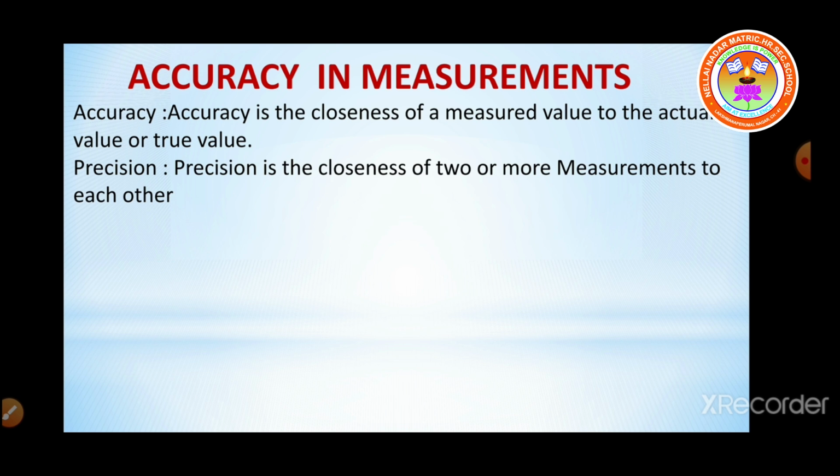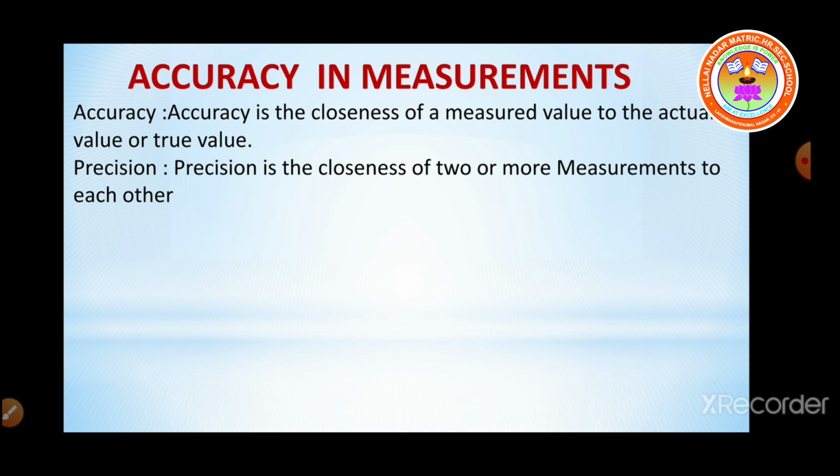The third boy measured 29.8 centimeter. The fourth boy measured 29.9 centimeter, and the fifth boy also measured 29.9 centimeter. And another one 29.4 centimeter like that. So in this place, two boys measured approximately equal values of 29.9 centimeter.